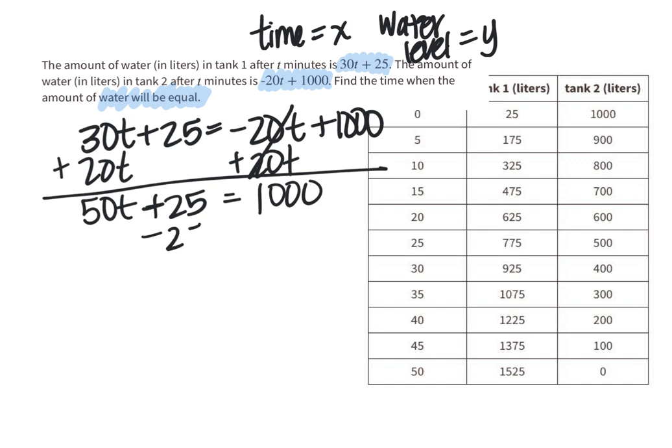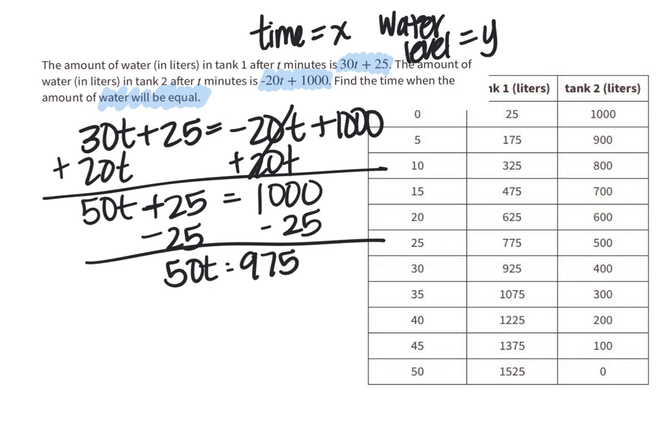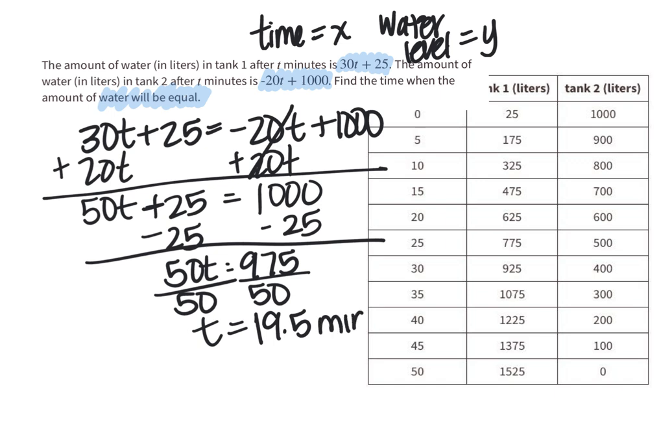Then I'm going to subtract the 25 from the left and from the right, and I'll get 50T is equal to 975. Well, 50 T's equals this, and I just want 1 T, so I'm going to divide both sides by 50, and I'll get T equals 19 and a half minutes.